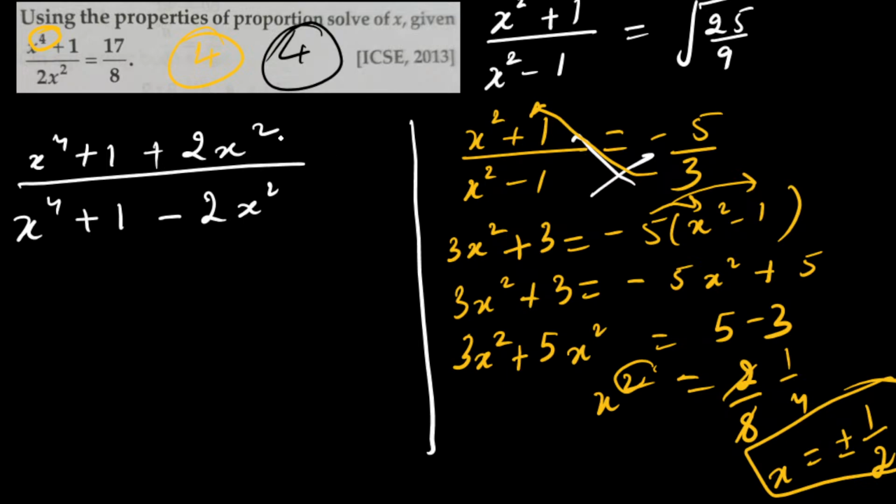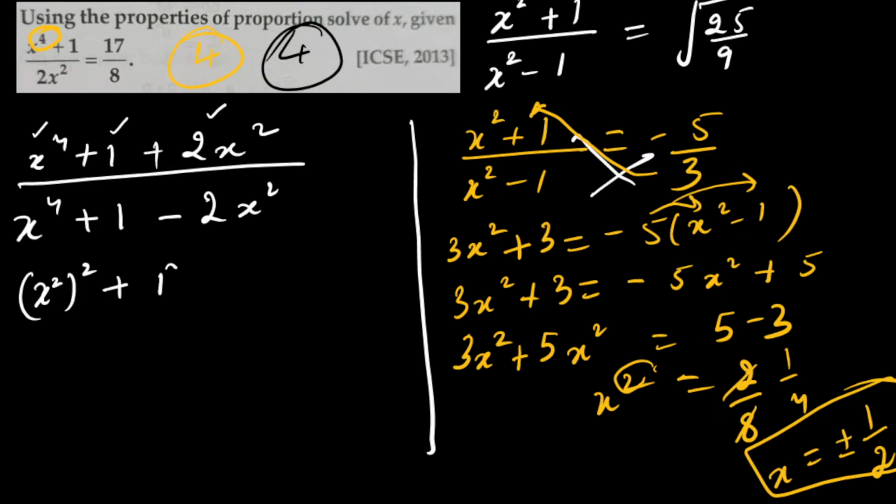When we applied componendo and dividendo at the starting of this question, we got an expression like this. This expression gives us a hint that it is of the form a square plus b square plus 2ab, where a square is x square.